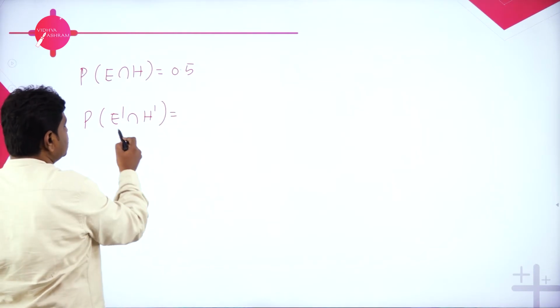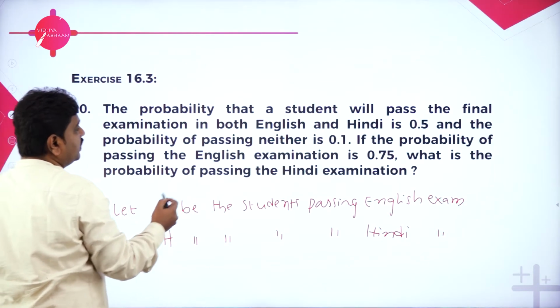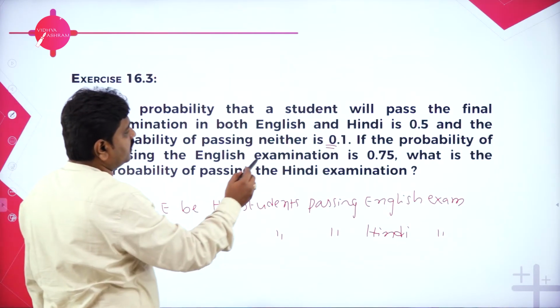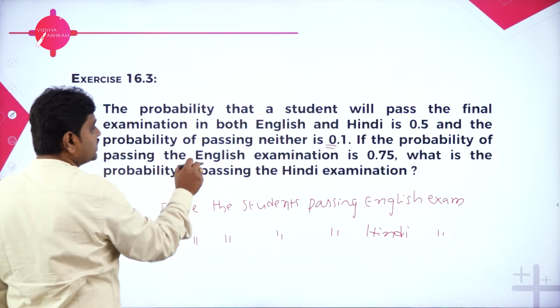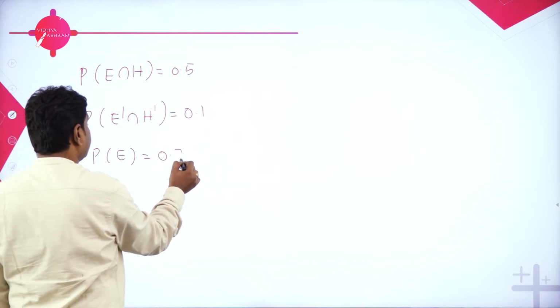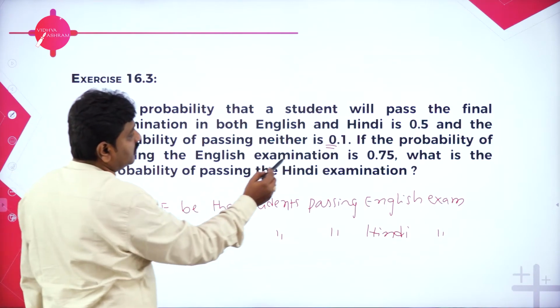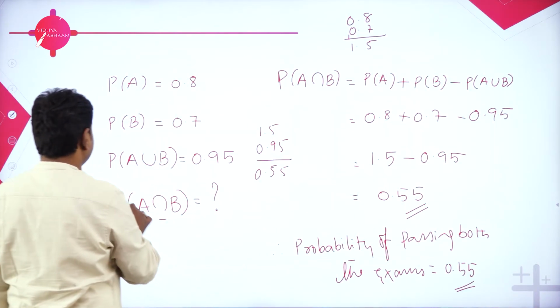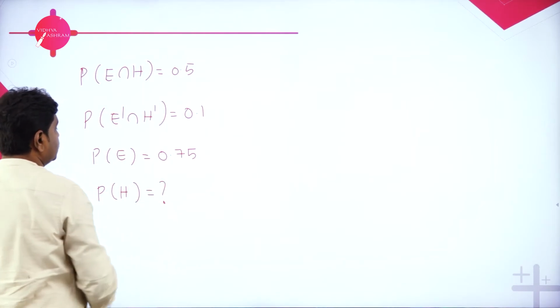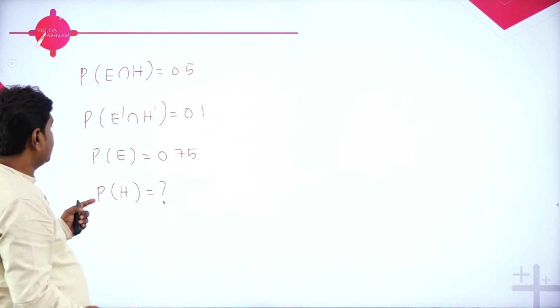So passing not English, not Hindi, neither will pass. So it's 0.1. And the probability of passing English is 0.75, P of E is 0.75. And further, what is the probability of passing Hindi exam? What is the probability of passing H? This is the question. So E they gave, H they want, and this.